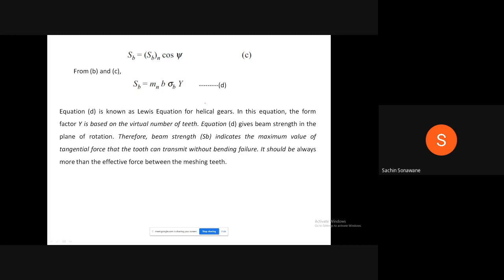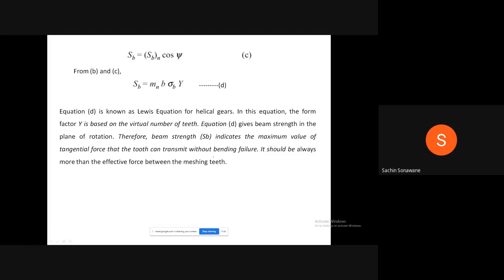In this equation, the form factor Y is based on virtual number of teeth. Equation D gives beam strength in the plane of rotation. Therefore, beam strength SB indicates the maximum value of tangential force that the tooth can transmit without bending failure. It should always be more than the effective force between the meshing teeth.